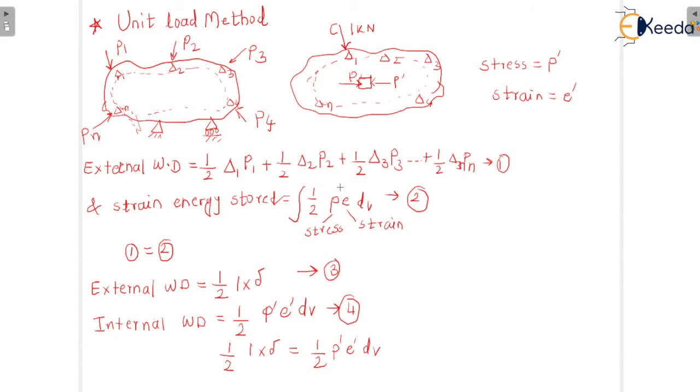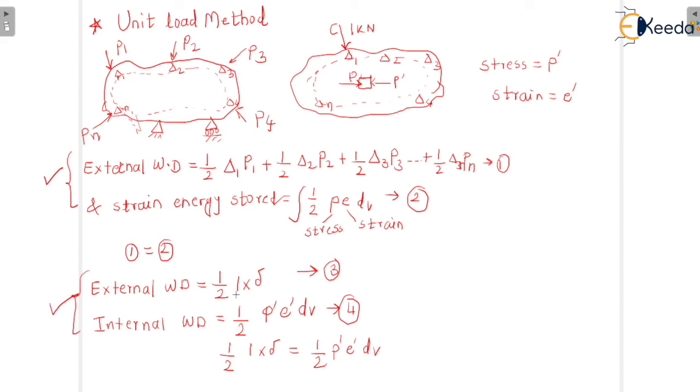So for this particular body, let us apply all this P system of forces. I hope it is clear. First we considered the system of forces with P1, P2, P3 loads, and for that we got this set of equations. Then we considered only unit load and got this set of equations.